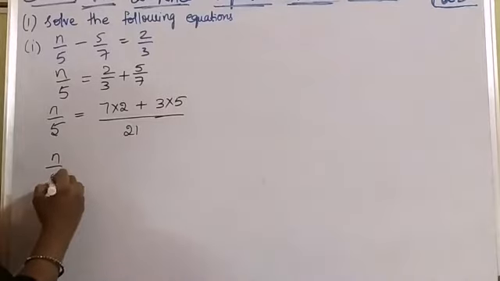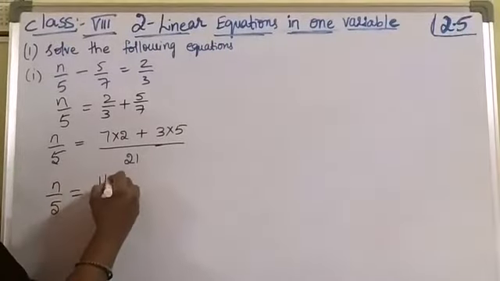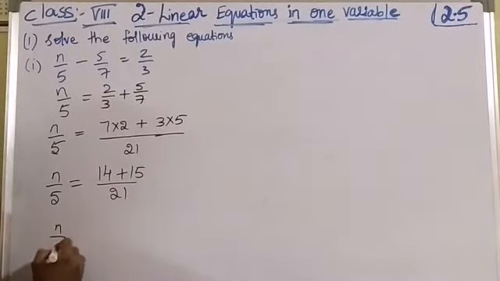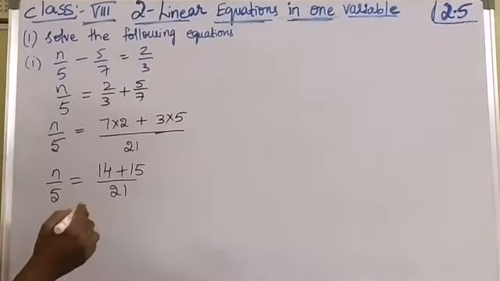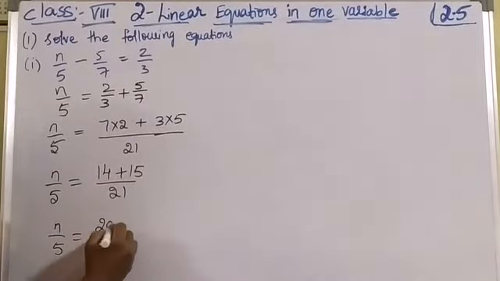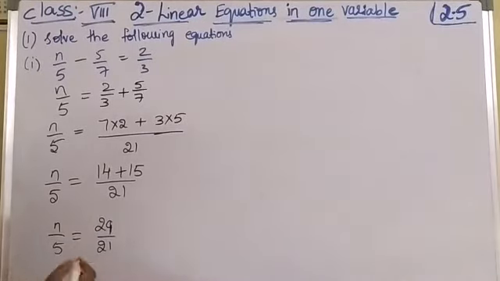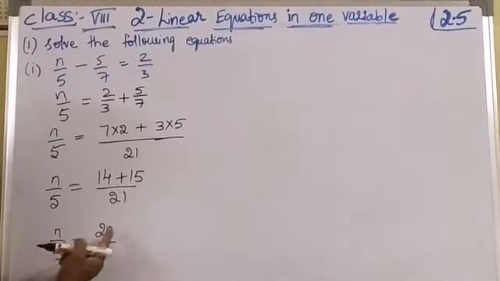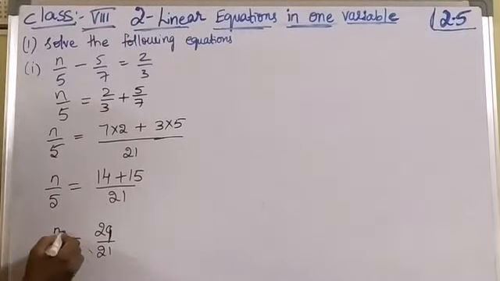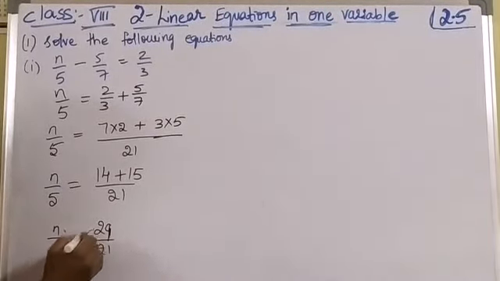So n by 5 equal to 7 2s are 14 plus 3 5s are 15, by 21. That is, n by 5 is nothing but 14 plus 15, which is 29, by 21. Now here you got n by 5 equal to 29 by 21. But I want the value of n, so take cross multiplication.